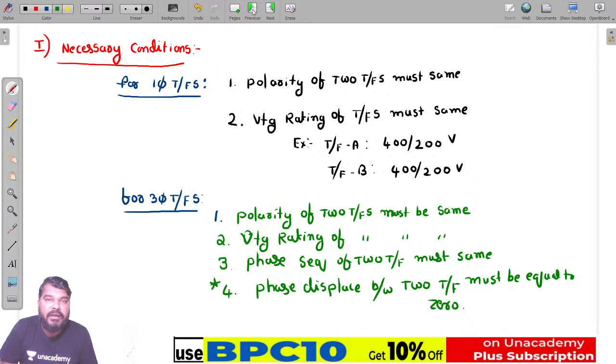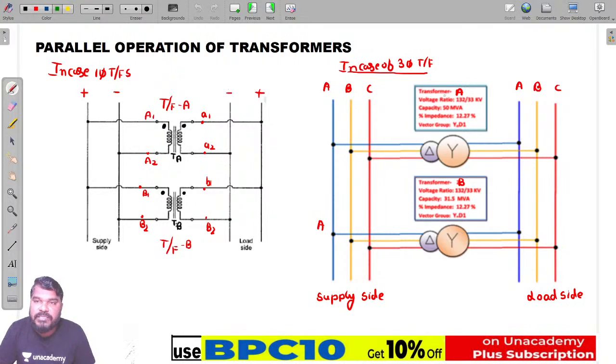Suppose in this diagram, this is transformer A, 132 by 33 kV. The capacity is 50 kVA, the percentage impedance is 12.7, and the vector group is YD1.